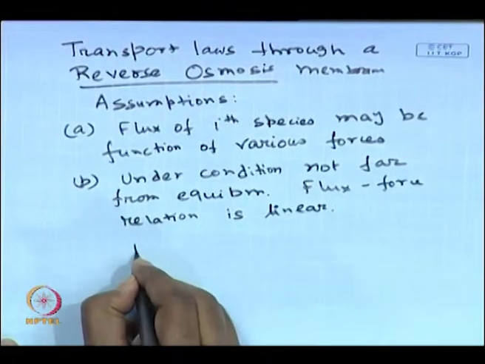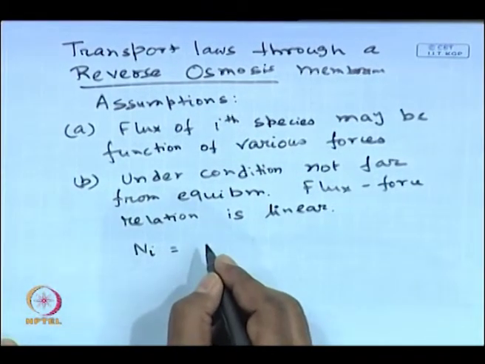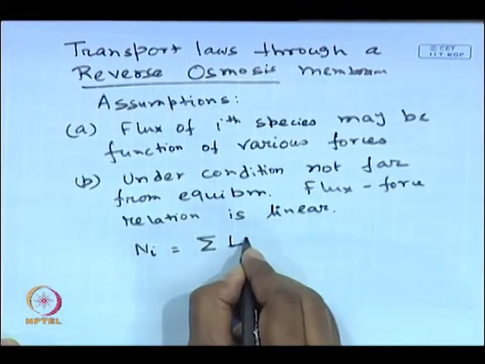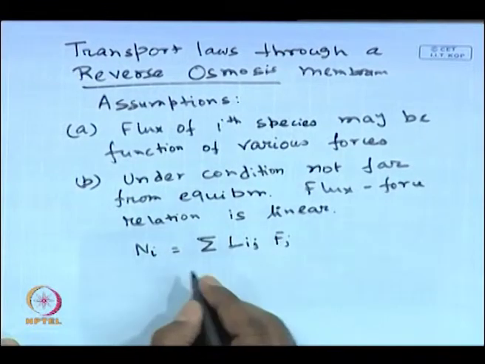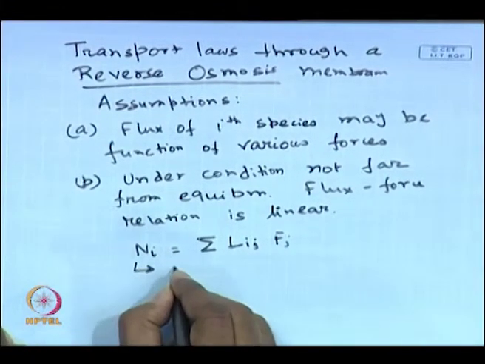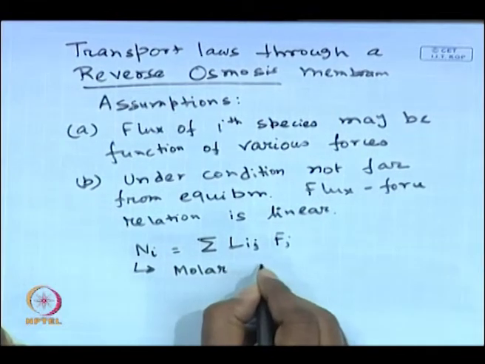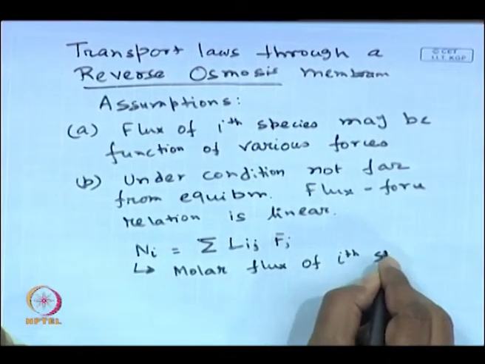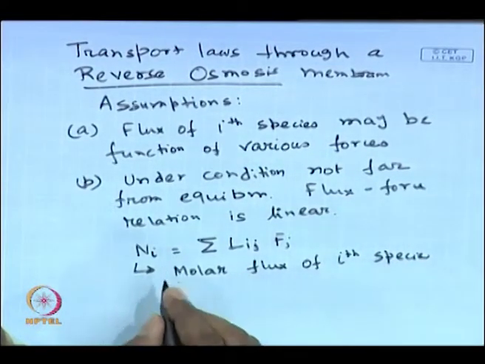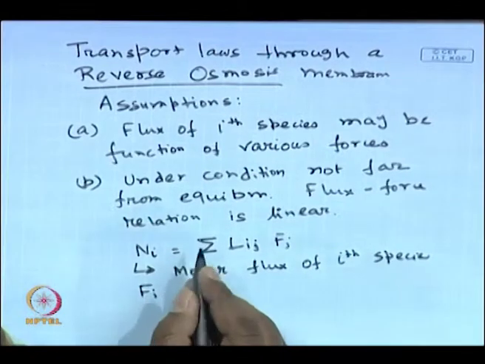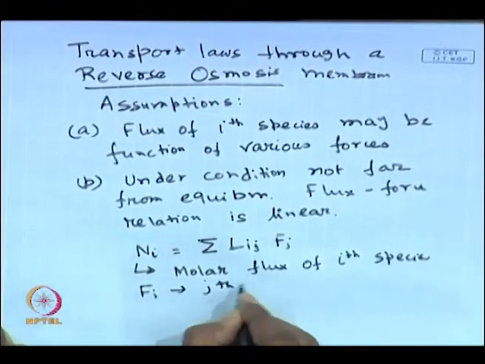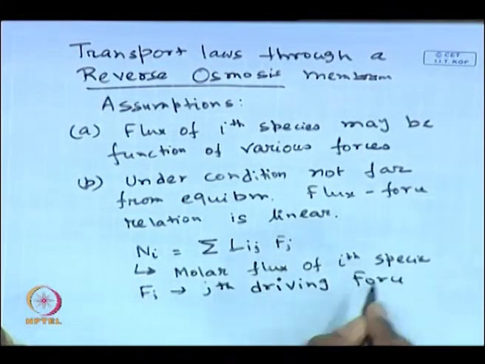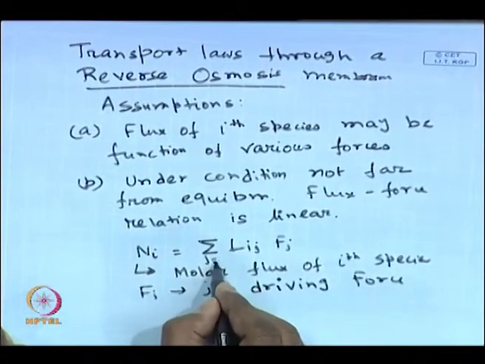So, therefore, we can write Ni, the molar flux of any species, as a summation of Lij times Fj. Okay. Ni is the molar flux of the ith species, Fj will be the jth driving force, and this summation is over j from 1 to n.